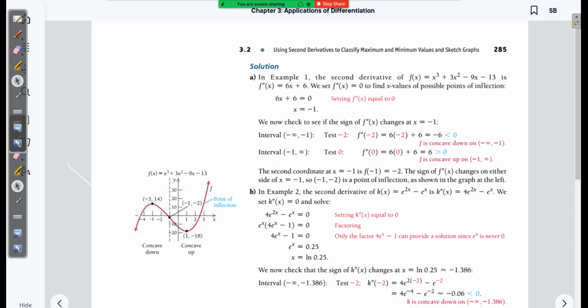Okay, so f double prime of x is 6x plus 6. I'm scared to go back pages because I don't want this to freeze. Yeah, 6x plus 6. All right, so the second derivative of our function is 6x plus 6. We did this in example 1, so no big deal.